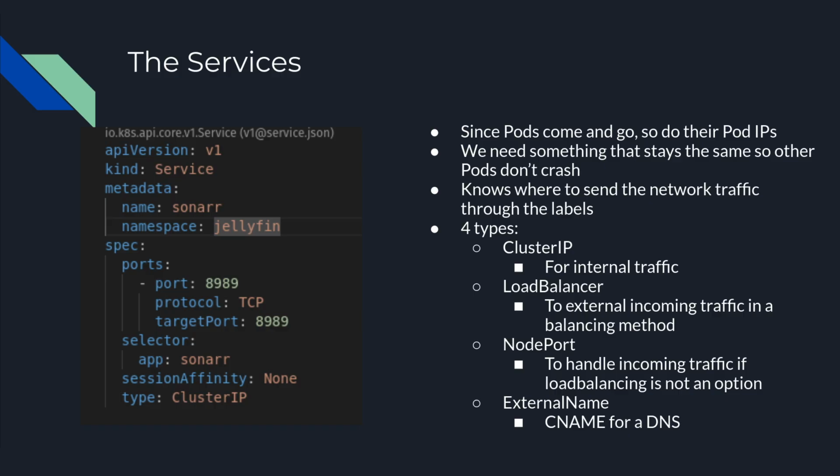And then you have your node port, which is like a load balancer, but it just maps a port directly from a certain node to the service itself, which, yes, handles incoming traffic, but it doesn't do it in a load balancing way. And in many cases, using a node port is not secure at all. If you can avoid it, don't use a node port.